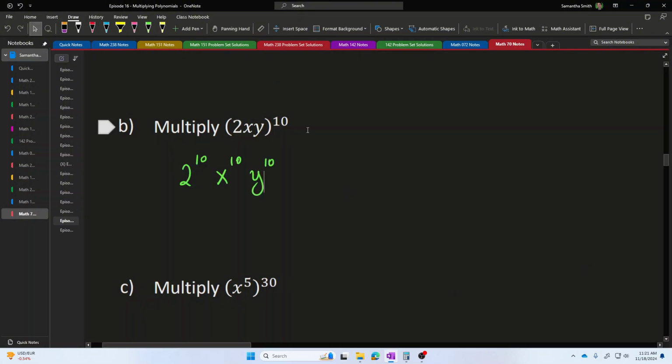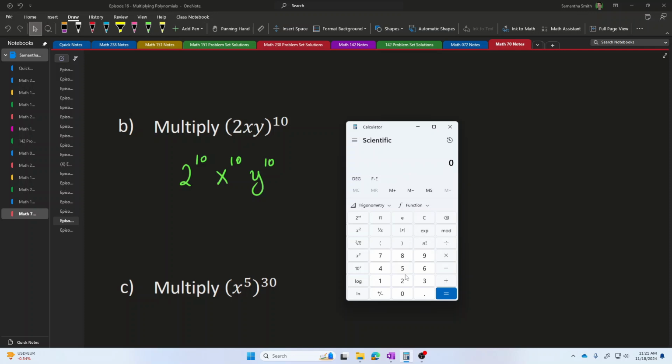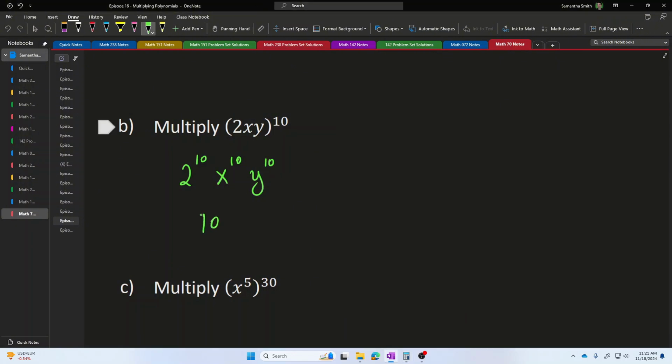This pile will contain 10 multiplied 2's, 10 multiplied x's, and 10 multiplied y's. Then all I have to do is use a calculator, for example, 2 to the power 10, to get the coefficient in front. It'll be 1024, so 1024 x to the 10, y to the 10 would be the result of taking 2xy and multiplying together 10 copies of that.